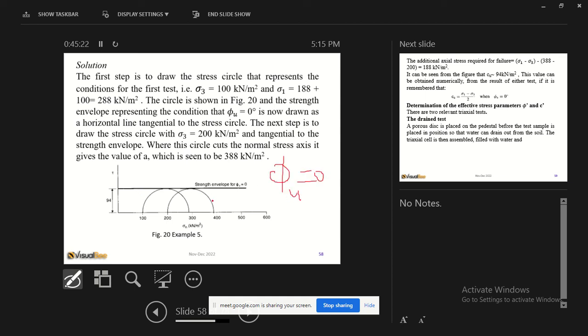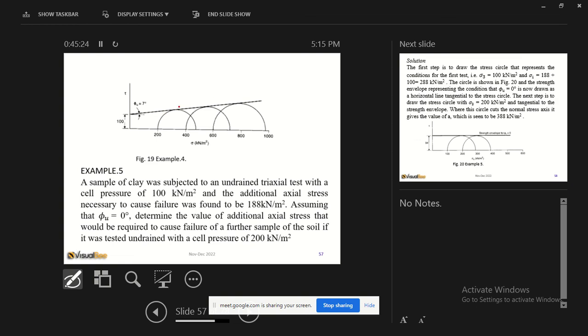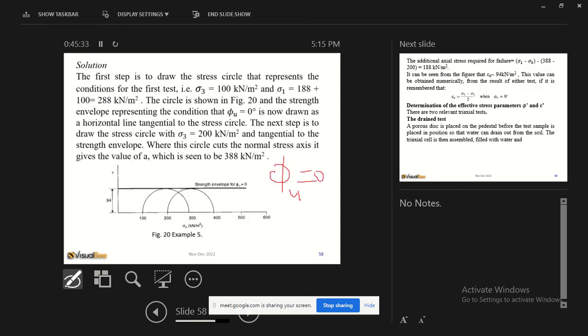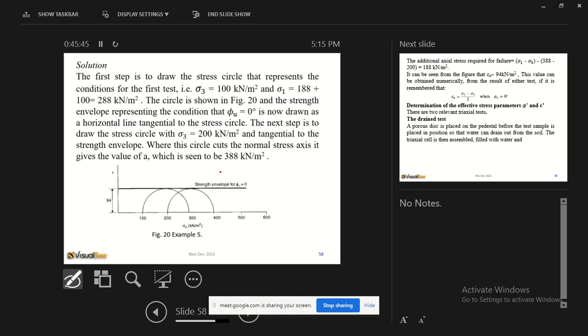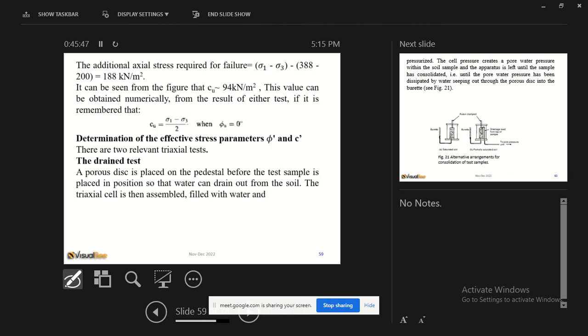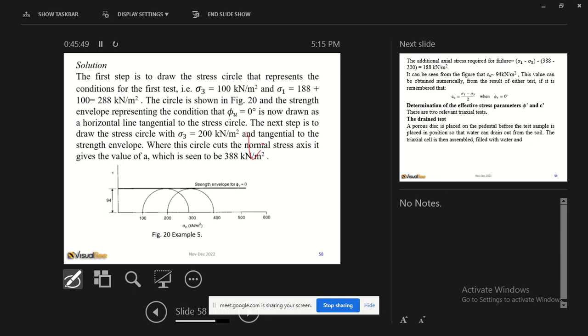Because it's too small, it's normally approximated as 0, and so this is the SU or the Cu, and this test is normally called the unconsolidated undrained test, or just UU test.